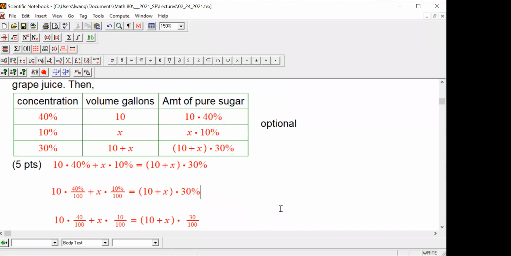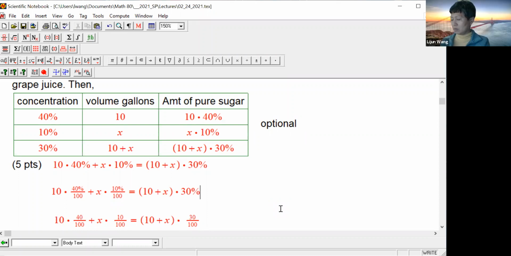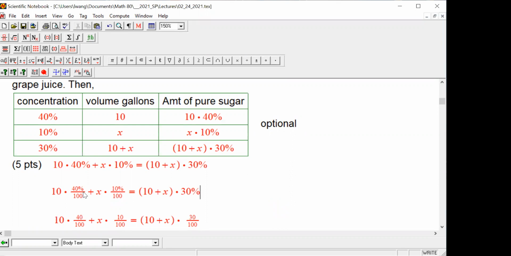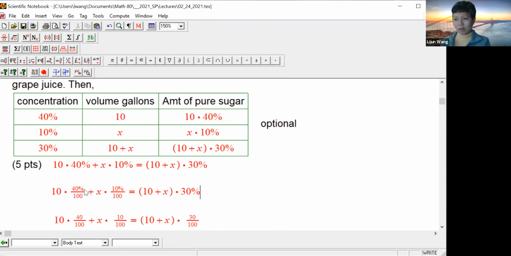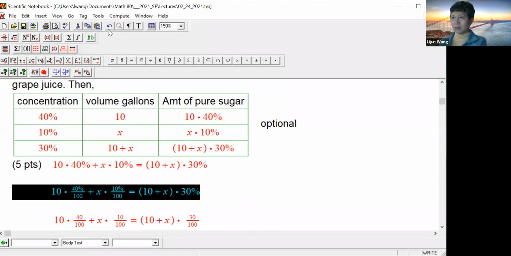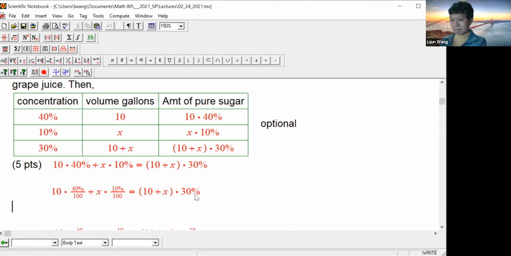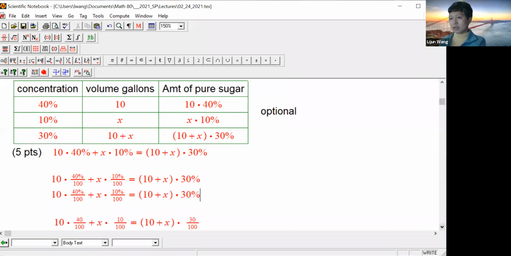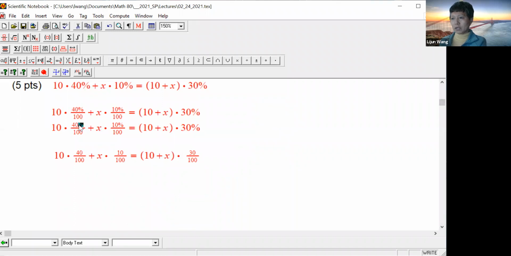No. How? It's 40% over 100. This is 40% over 100. 40% over 100, if you write it in fraction, is actually 40 over 10,000.